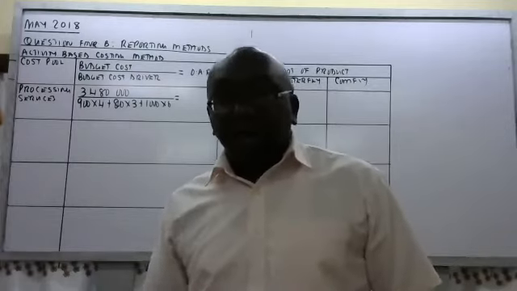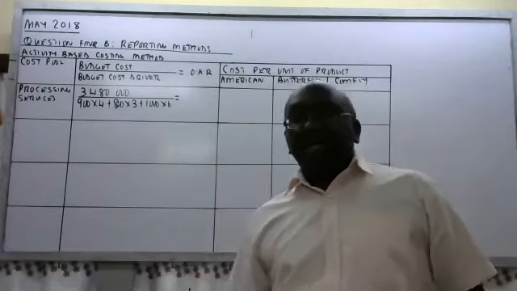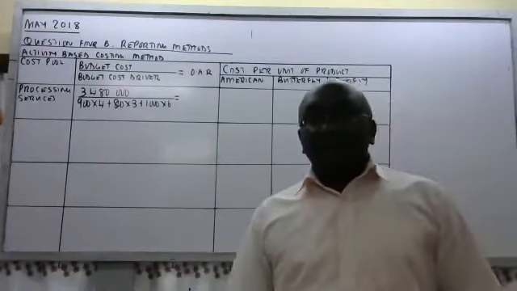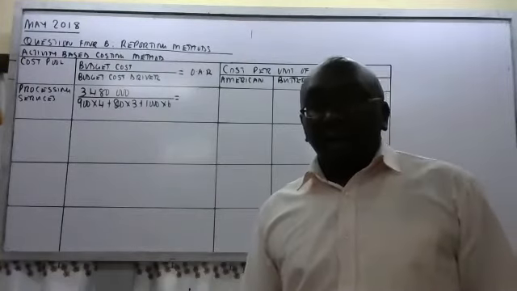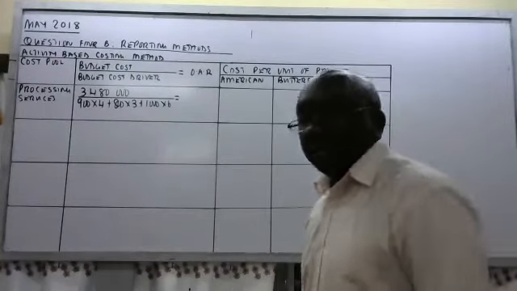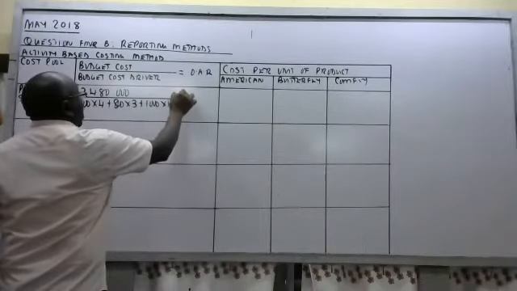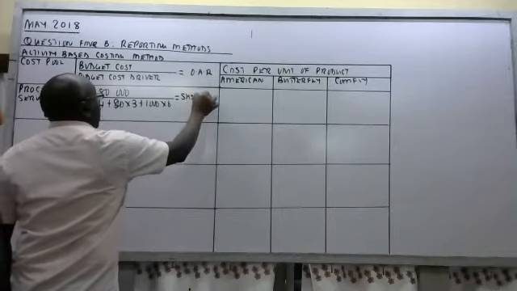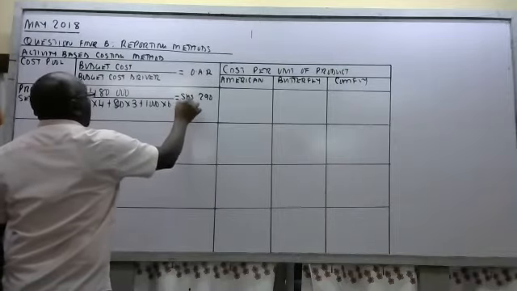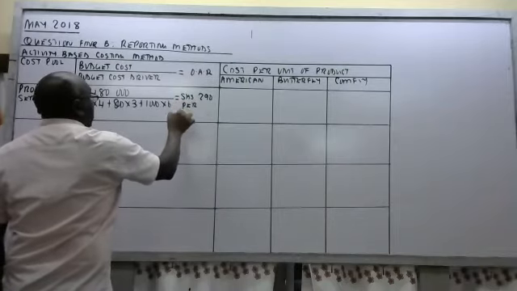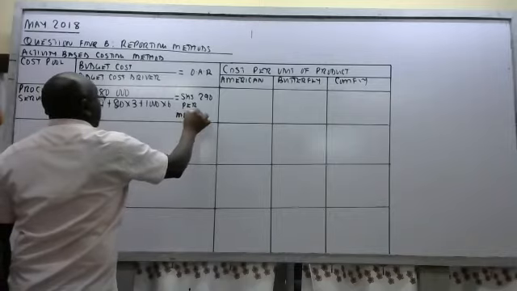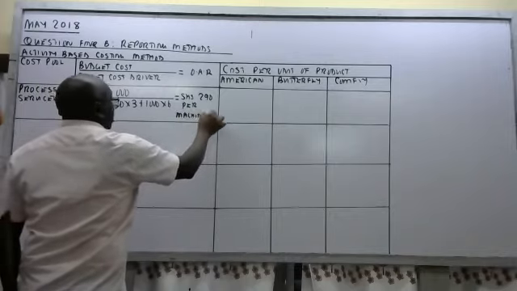Only Haika has given. Beth has given a different answer from Haika. Yeah, 290. So Haika, look at your answer. It is supposed to be shillings 290 per machine hour.